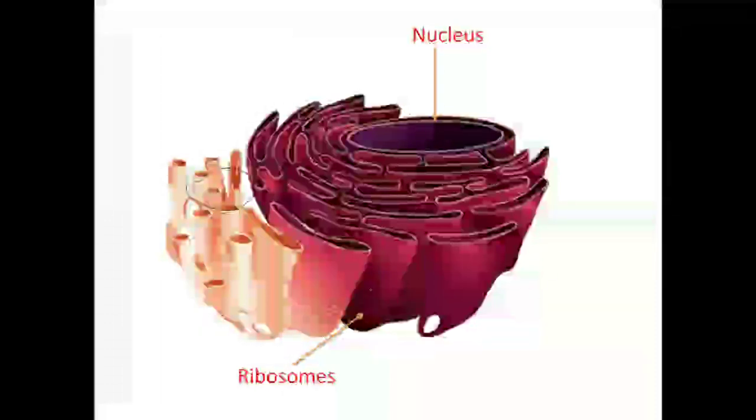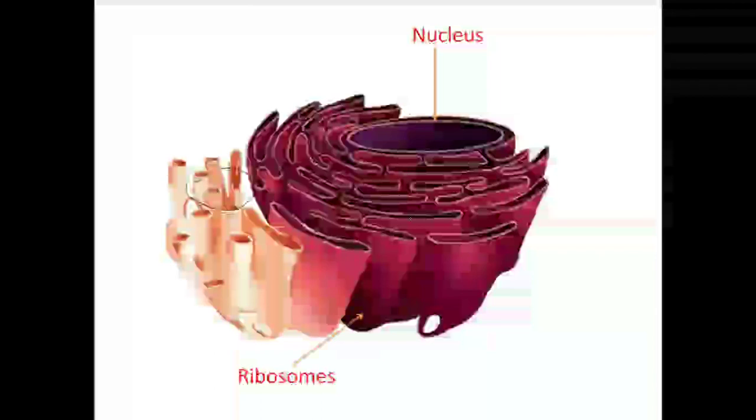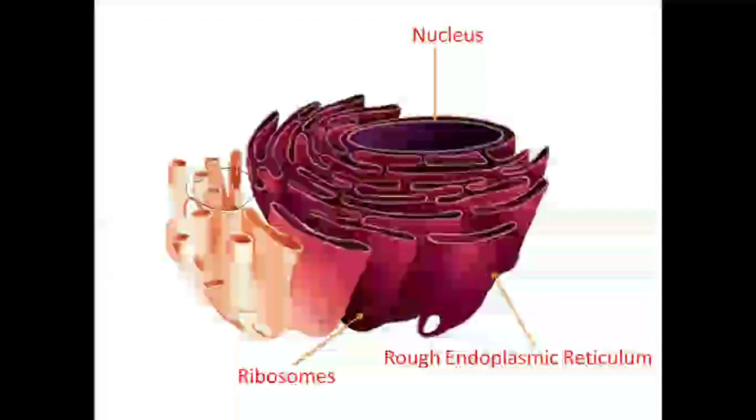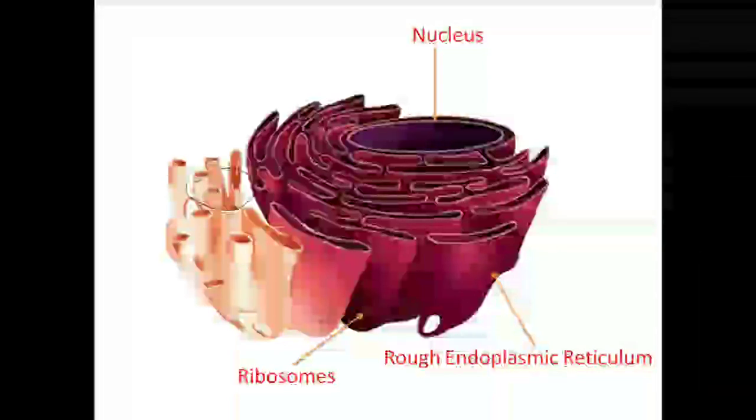So we can see a number of ribosomes attached on the surface of this endoplasmic reticulum. For this reason, this endoplasmic reticulum appears rough, and it is known as rough endoplasmic reticulum because it contains lots of ribosomes attached on its surface.